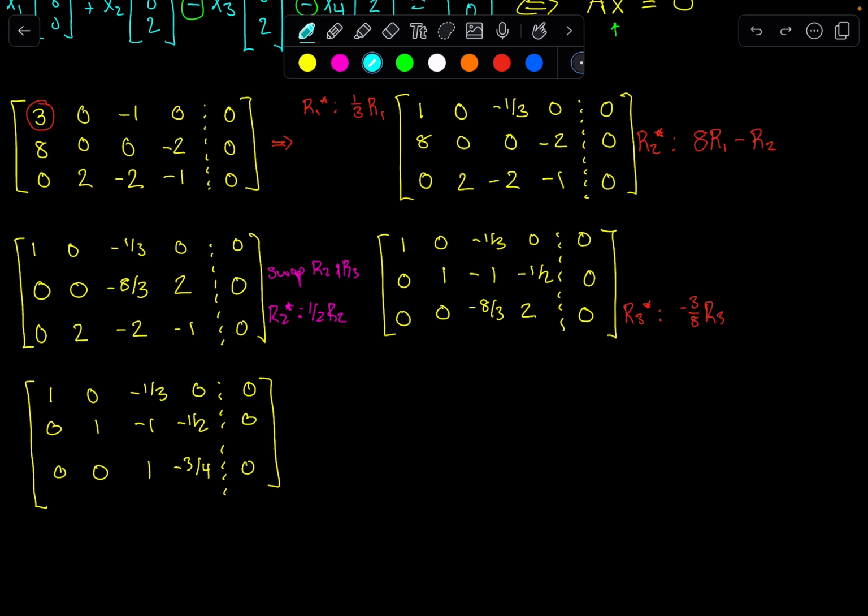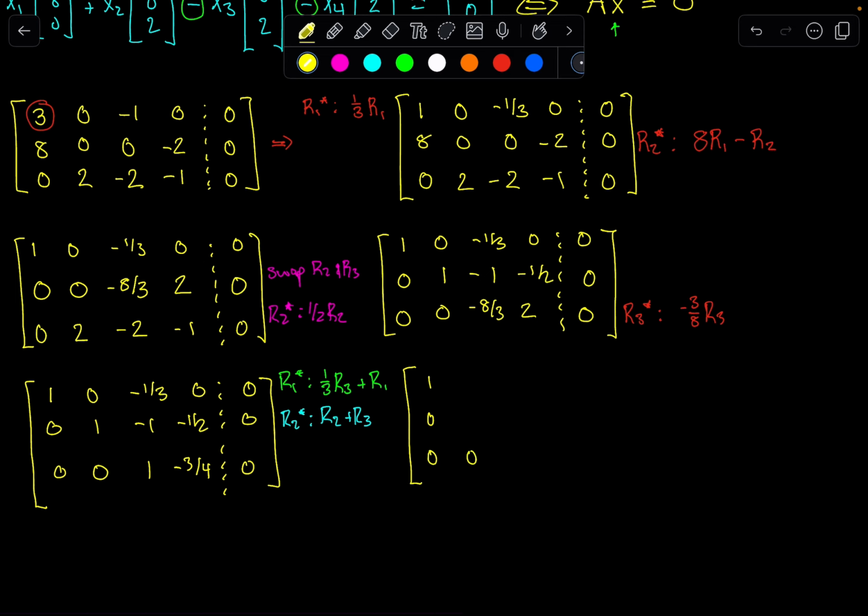So my row 2, I'm just going to replace by adding row 3 to it. And then my row 1, I'm going to replace by taking 1/3 of row 3 and adding it to row 1. So if I do that for the very last step, we get 1, 0, 0.